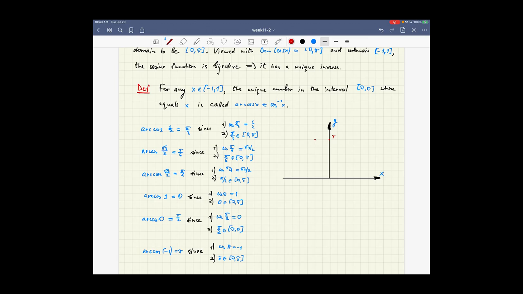Arc cosine of 0 is pi over 2. And arc cosine of 1 is 0. So the graph looks like this.